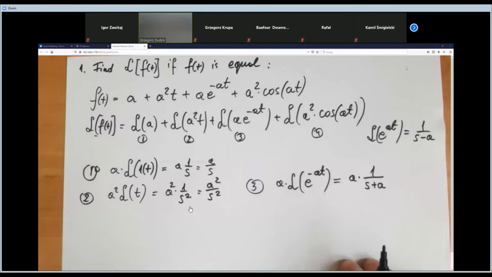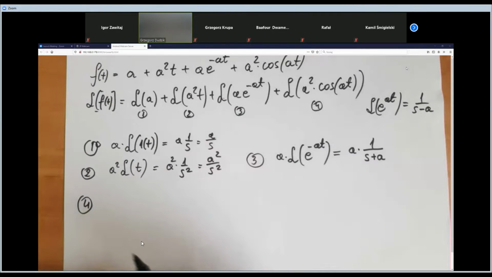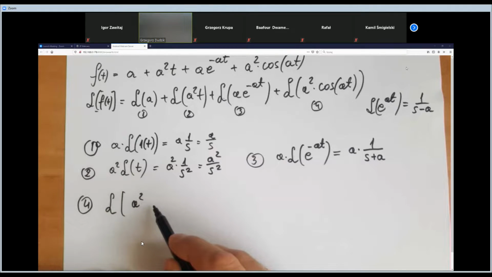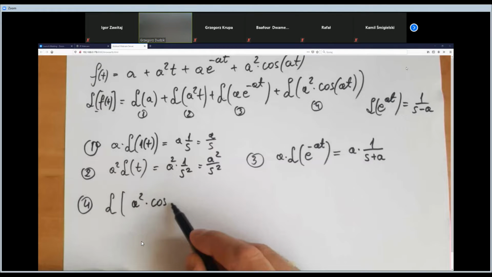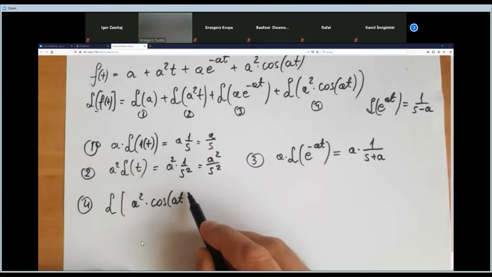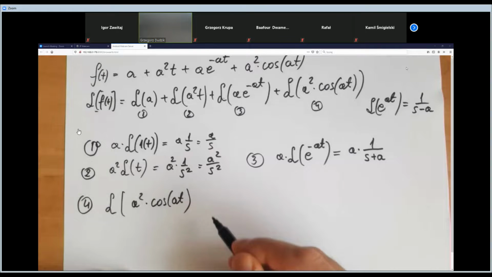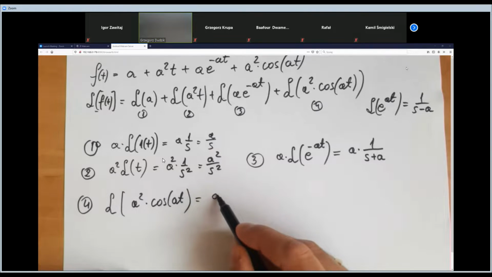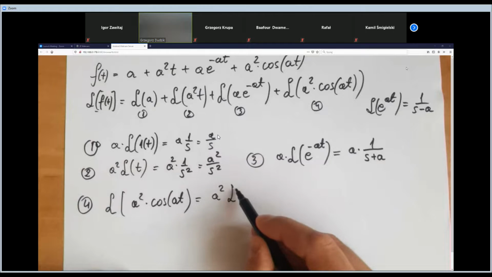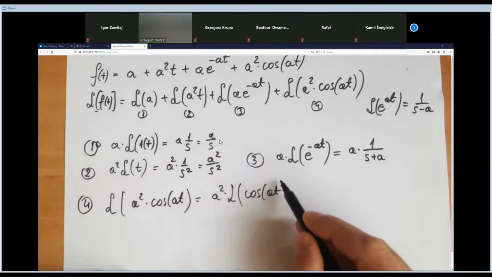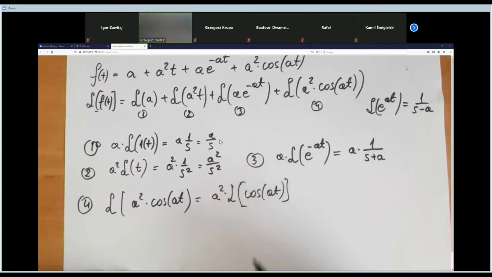And the last one is the Laplace transform of a squared times cosine at. Again, a squared goes before the Laplace transform, and I have the cosine at function.